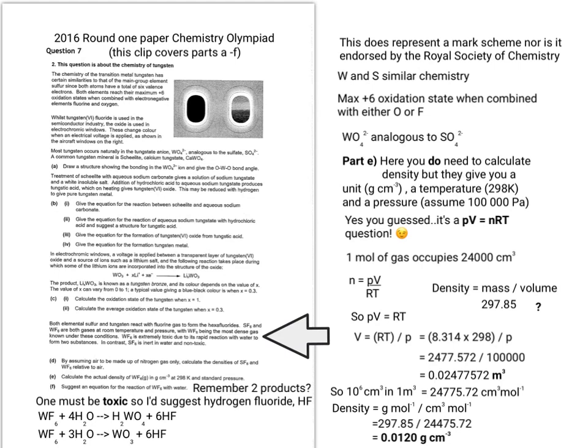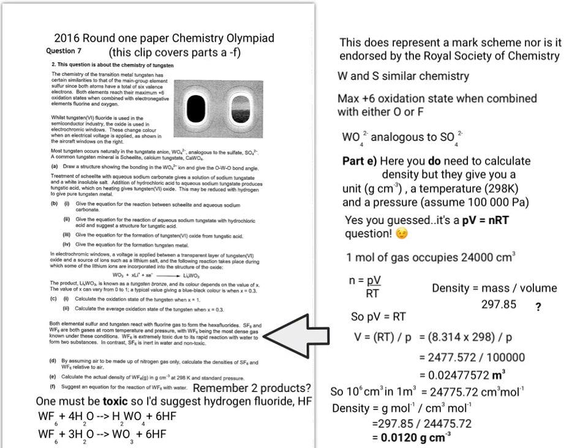So the substance that I would go for is HF. Now it doesn't really matter which of the two equations at the bottom you use, because both would fit the bill. They're reacting WF6 gas with water. They're producing two products each, and in each case HF is made. I'm not putting in state symbols because there's nothing in part F to suggest that state symbols are required.